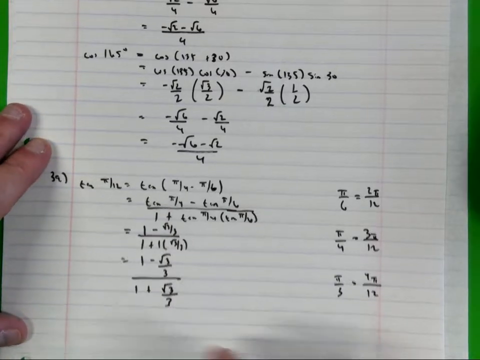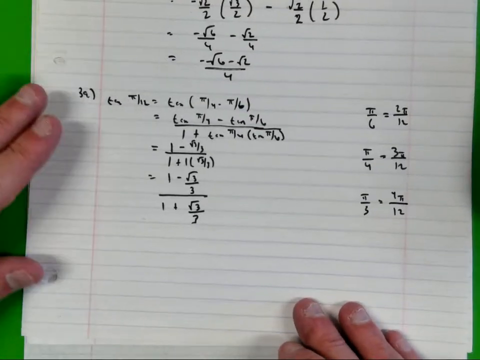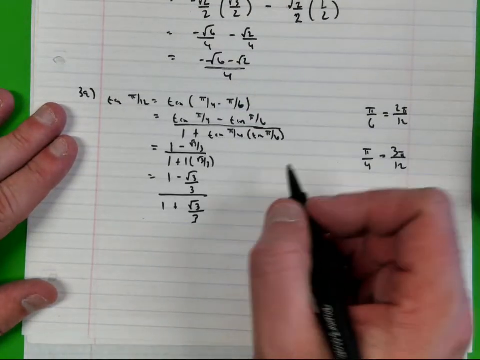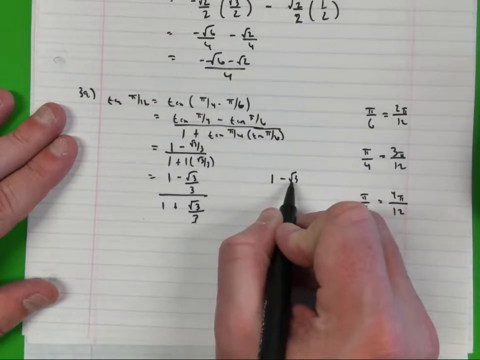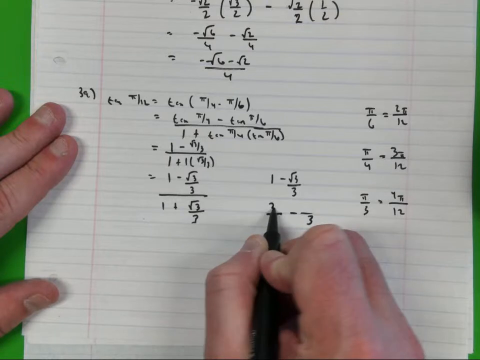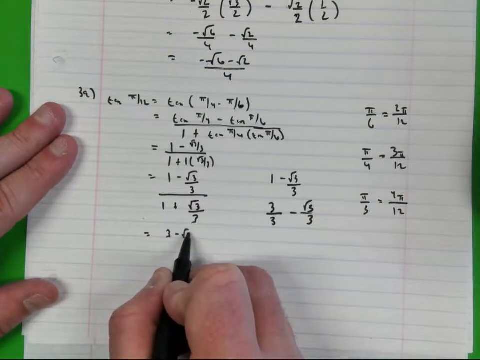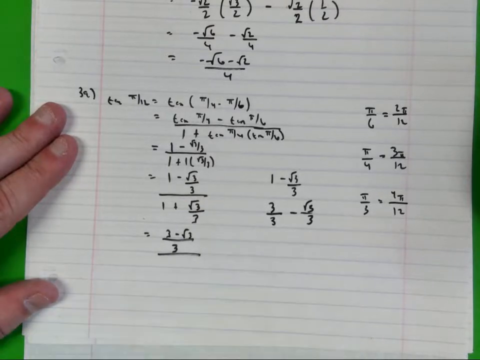Now when I do that, I have fractions up here. Do I need to go to the side and find common denominators? Yes. This is not hard, it just takes a little while. Okay, so I'm going to come over here. 1 minus square root of 3 over 3. My common denominator would be 3. So I have 3 minus square root of 3 over 3 that goes in my numerator.